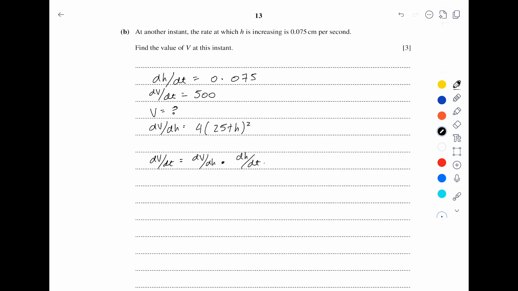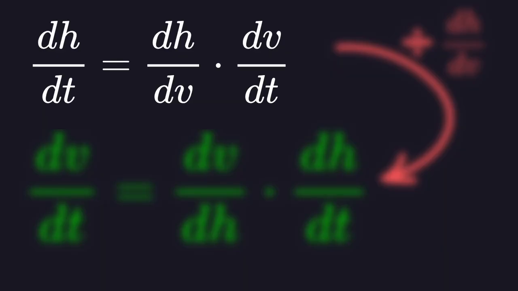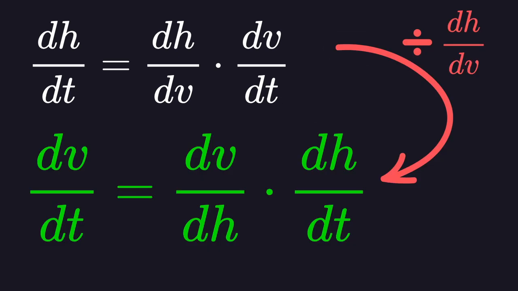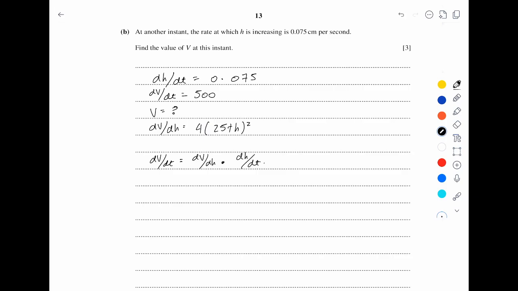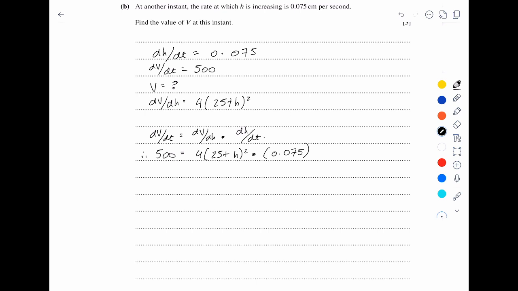For starters, remember that dH/dt is equal to dH/dV times dV/dt, which means that dV/dt is equal to dV/dH times dH/dt. So, 500 is equal to 4 times (25 plus h) to the power of 2 times 0.075.